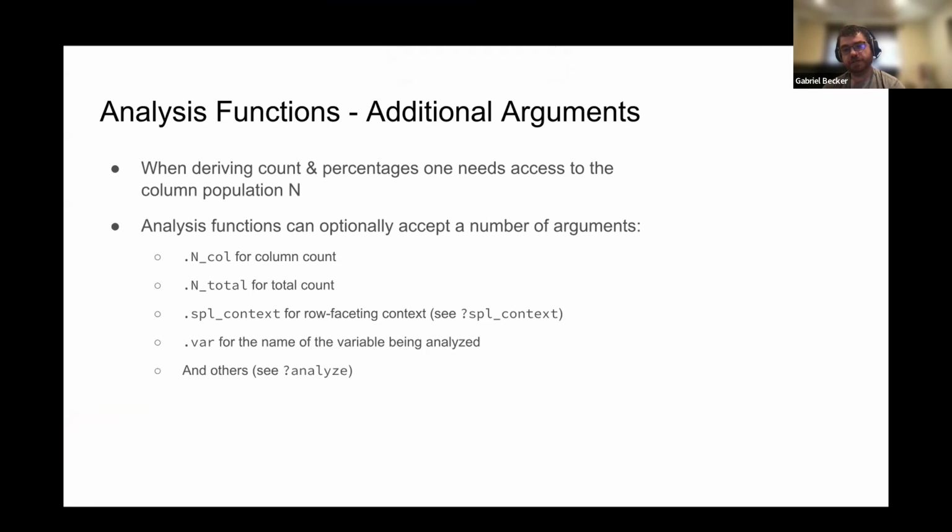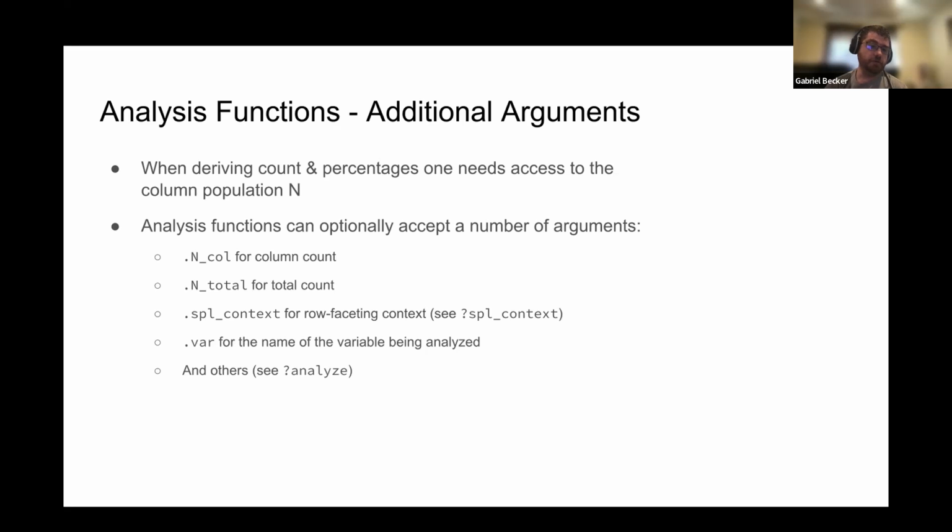sometimes the things that you need to calculate require information about where you are in the tree structure, or in the table structure. That information is optionally passed to your analysis functions if they are defined so that they accept these various additional arguments.